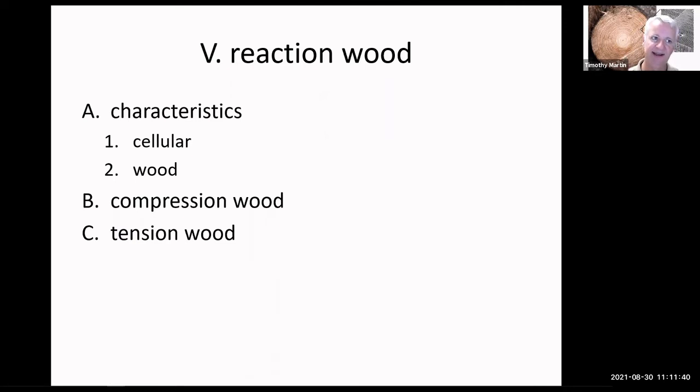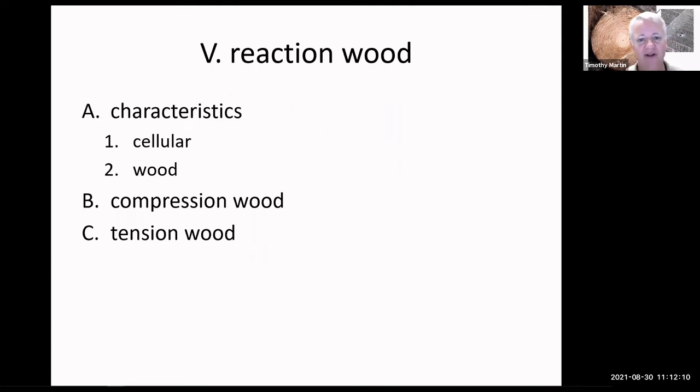They're not very lignified. All of those cellular traits result in wood traits that are also less desirable. Some of the undesirable wood traits include the tendency towards shrinking, warping, and brittleness when that reaction wood is dried. They're also weak, so they're not as strong. So reaction wood has undesirable commercial properties.